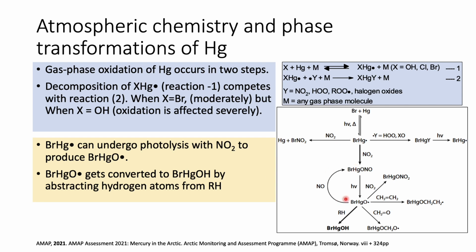The reactions are given here. This BrHgO radical gets converted to BrHgOH by abstraction of a hydrogen atom from the alkane RH group. So the BrHgO radical can react with RH by hydrogen abstraction to give BrHgOH. These are the various radical reactions occurring in mercury chemistry.